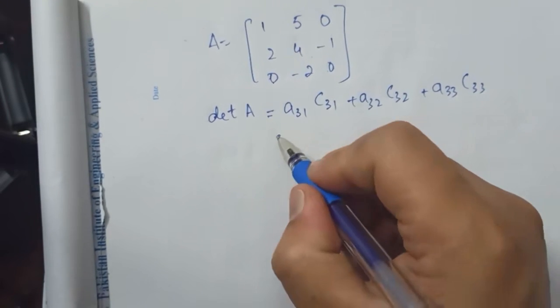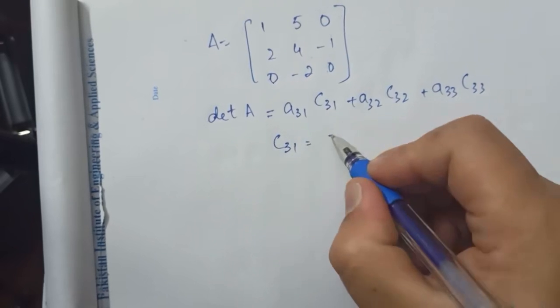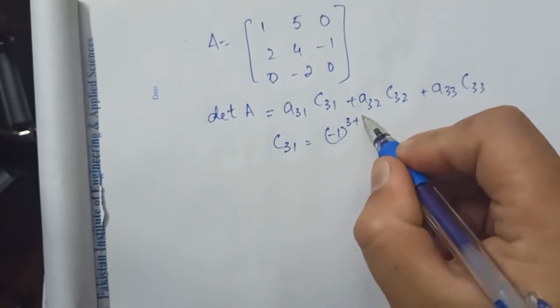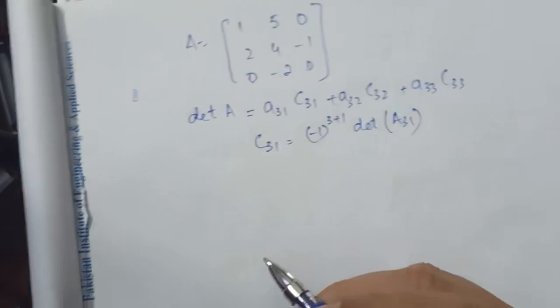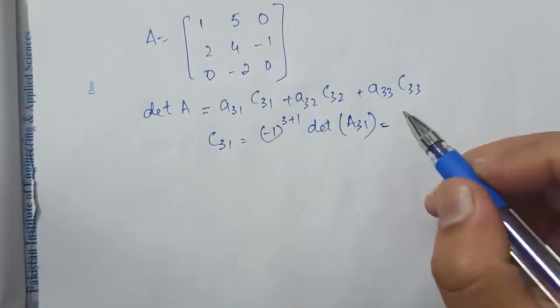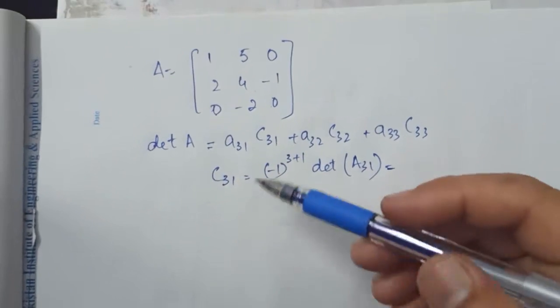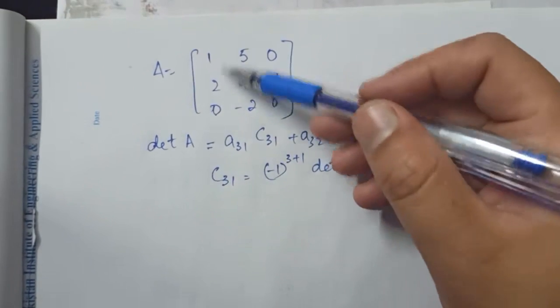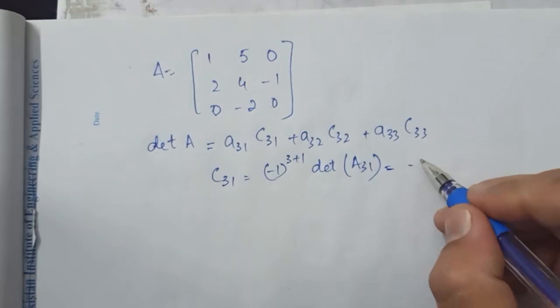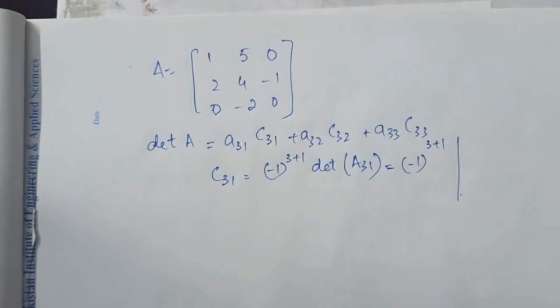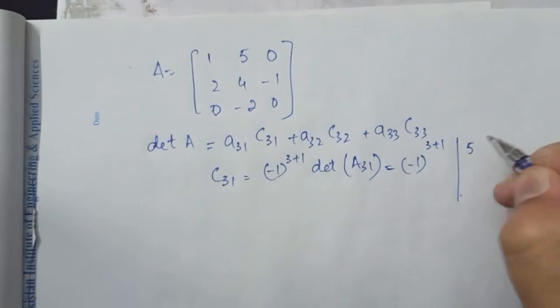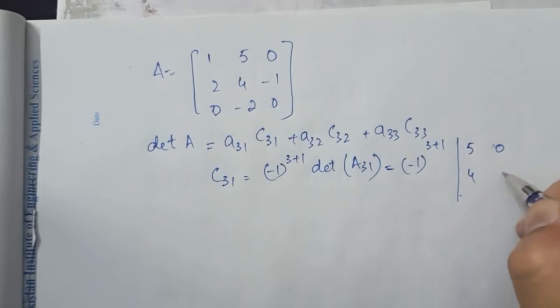Remember, C31 is equal to minus 1 to the power 3 plus 1 times the determinant of A31. In this case, removing the third row and the first column, it becomes minus 1 to the power 3 plus 1 times the determinant of 5 0, 4 minus 1.